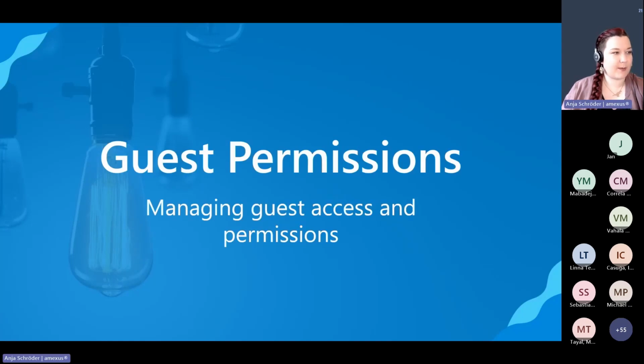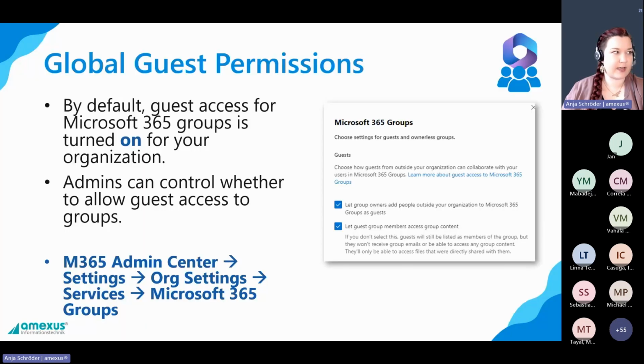The next thing I want to talk about is guest permissions in the Microsoft 365 group, because in default mode, guests are allowed in your groups. So if it's possible to add guests to your tenant, it's also possible for your owners to add guests to your groups in the default mode. But you can change this. The way you can change it is to go to the Microsoft 365 admin center, so the main admin center.